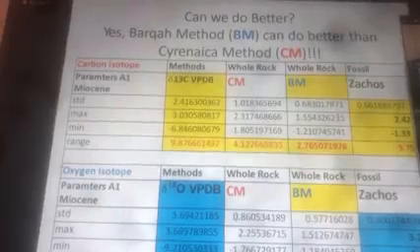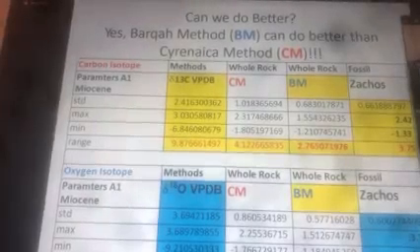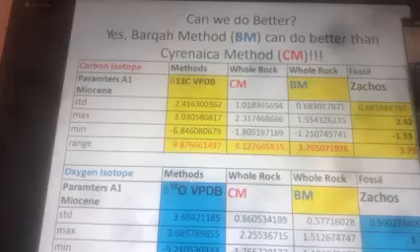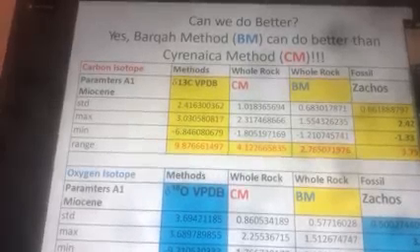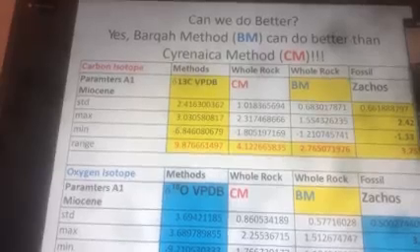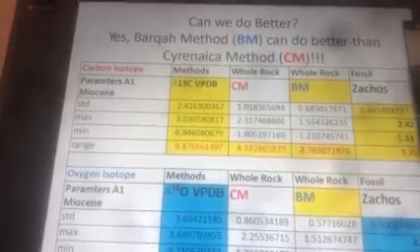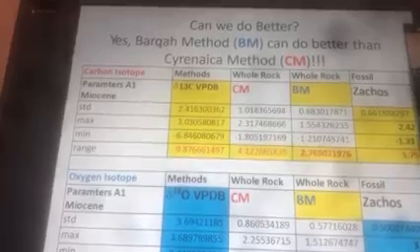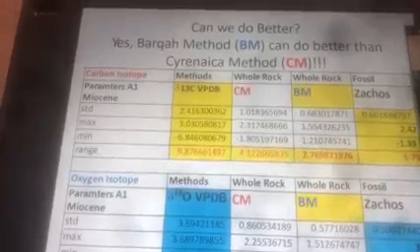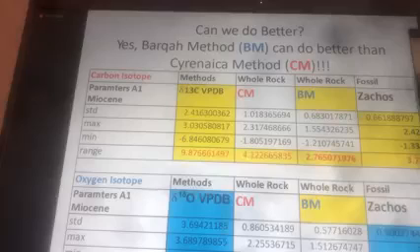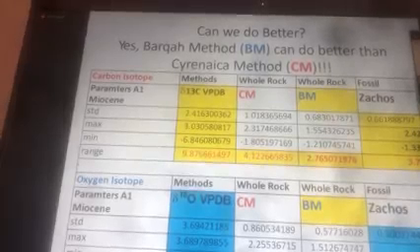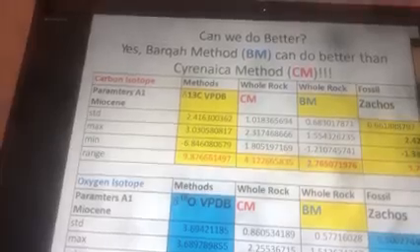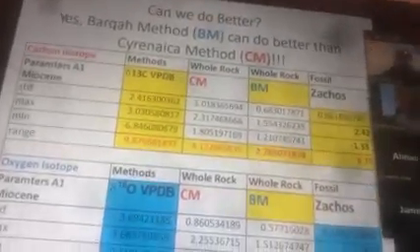Variations almost none. So this second method kills any variations and gives you the same original signal as if you were doing the fossil-based method. And for the range, the Cyrenaica method gives you 4.1, but the Barga method gives you 2.7.